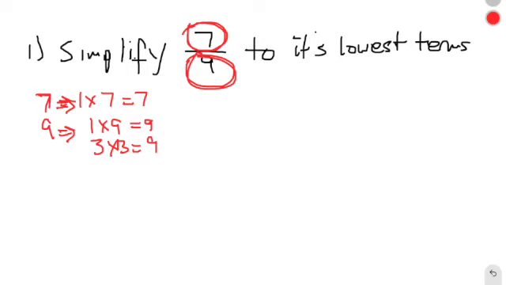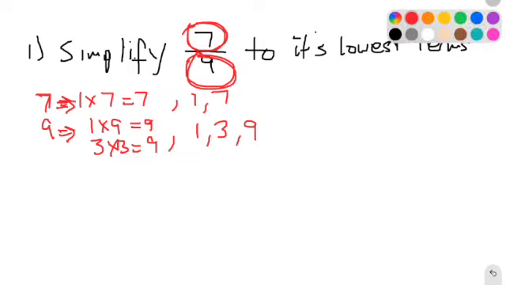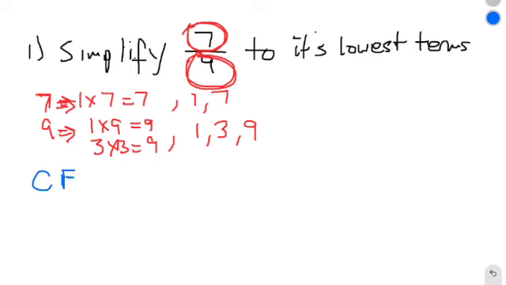Okay, so we see that the factors of 7 are 1 and 7, and the factors of 9 are 1, 3, and 9. So when we circle, we want to identify what's a common factor between 7 and 9. Well, we see the only common factor is really 1.